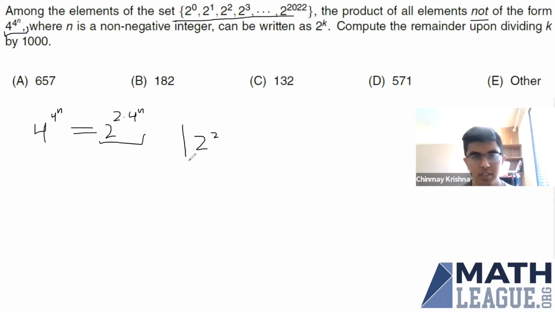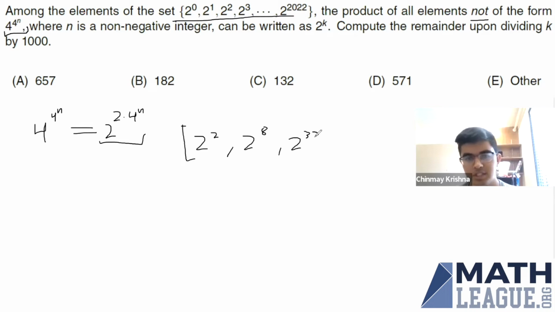So I'm just going to list out the ones that are not in the set. So 2 to the 2 squared, and then when we change n to 1, it would be 2 times 4, so 2 to the 8. And then each of the next ones, we multiply this power by a factor of 4. So next would be 2 to the 32.